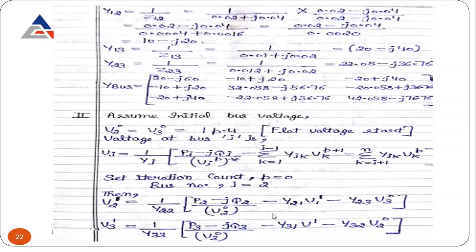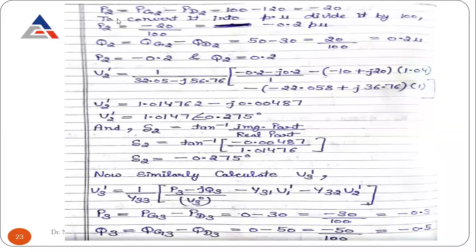Similarly for V3: 1 upon Y33 times P3 minus jQ3 divided by V3 initial, minus Y31 V1 minus Y32 V2(0). Now simply put down the values.